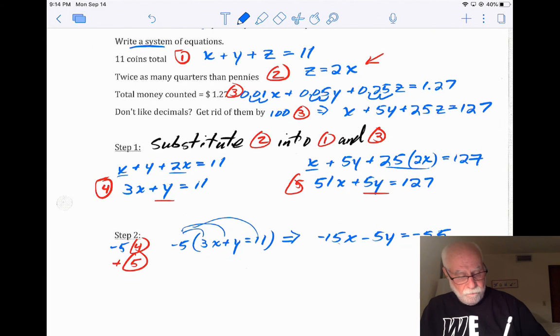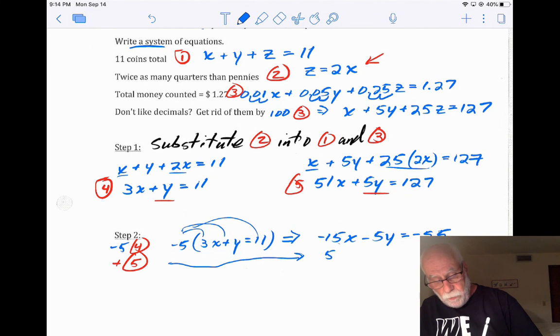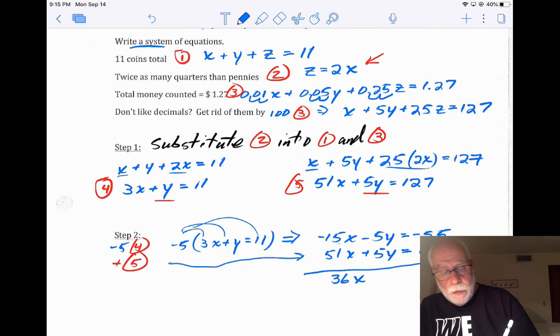And I'm going to take equation 5, and that one was 51x plus 5y is equal to 127. All right, -15x plus 51x will be 36x. Again, the y's are going away, and I'll have 36x, -55 plus 127 is equal to 72.